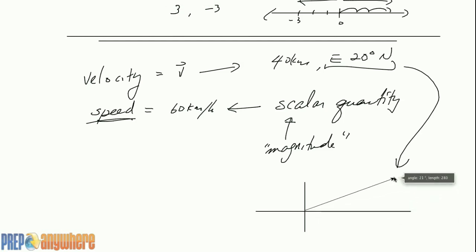It's like this. So we're going east, but we're rotating towards north, 20 degrees only. And the length of this line will be 40 kilometers per hour.